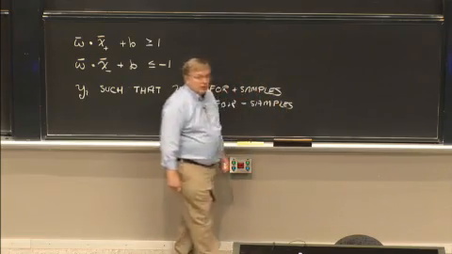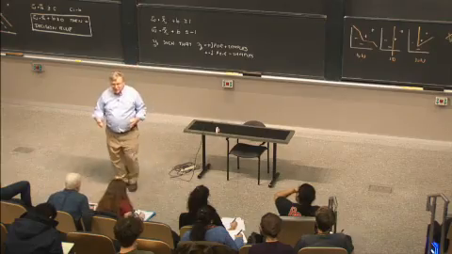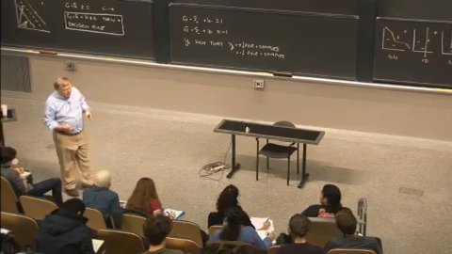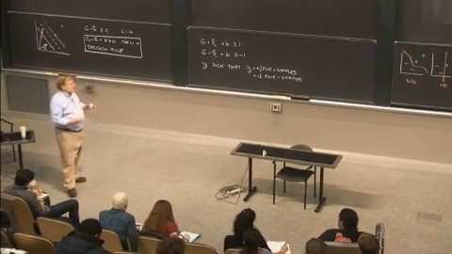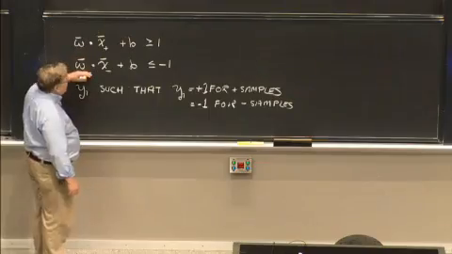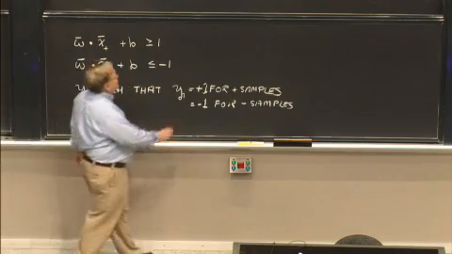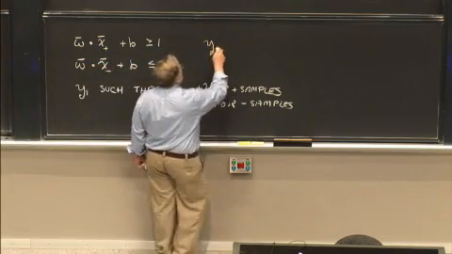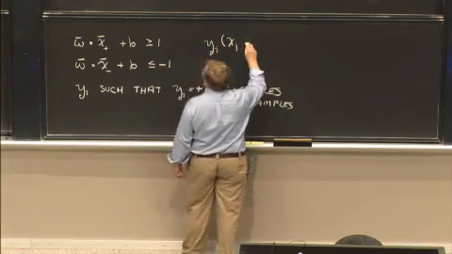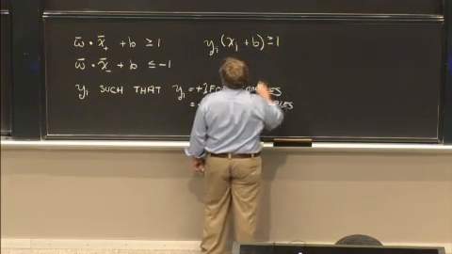All right? So for each sample, we're going to have a value for this new quantity we've introduced, y. And the value of y is going to be determined by whether it's a positive sample or a negative sample. If it's a positive sample, it's going to be +1 for this situation up here, and it's going to be -1 for this situation down here. So what we're going to do with this first equation is multiply it by y sub i, and that is now y sub i times (w dot x sub i plus b) is equal to or greater than 1.